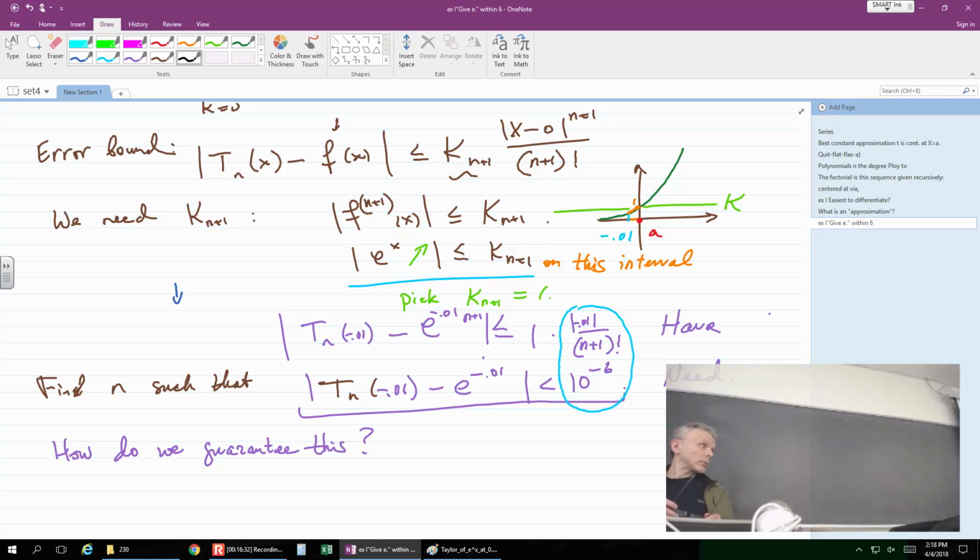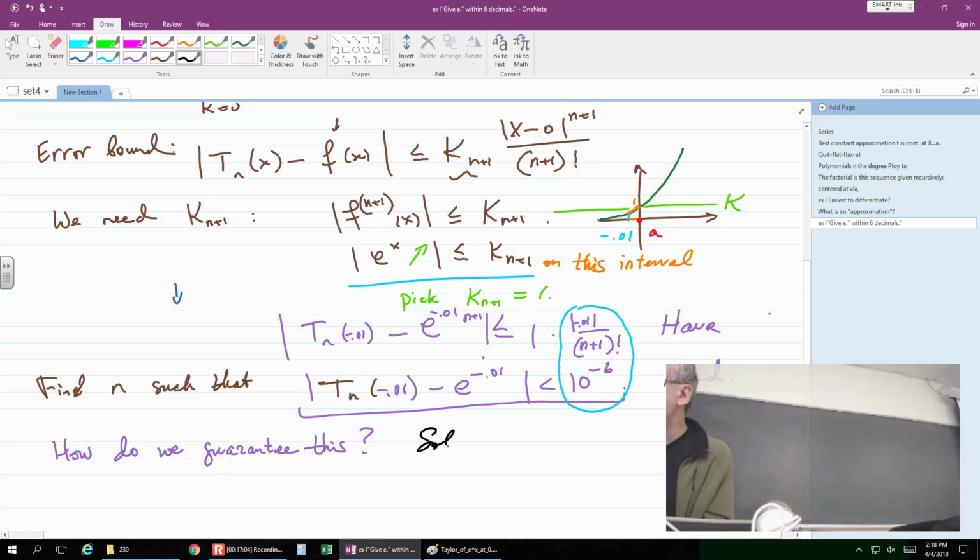Not equal necessarily. I mean, equal, yes, but anyway, if they are equal, then we're good. We cannot guarantee that it will be equal, considering that n is an integer. But in essence, that's what we want. We probably will have to choose an n larger than what we would find from the equation. I was going to go for an inequality here, but we could go with equality as well.